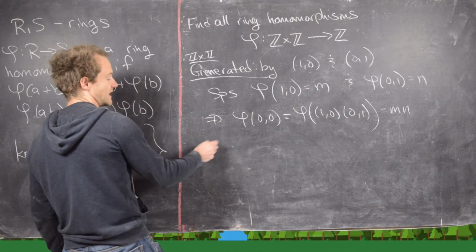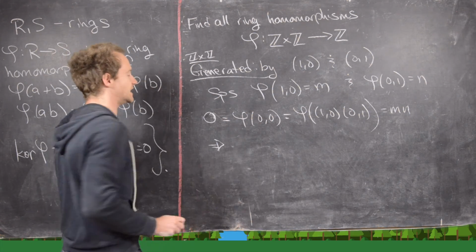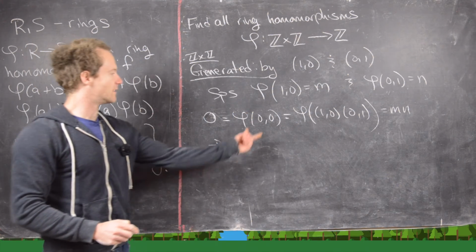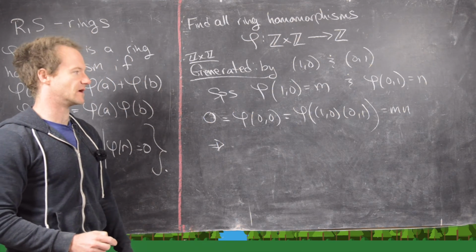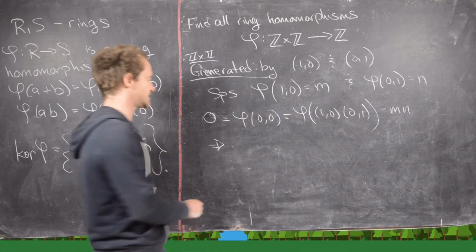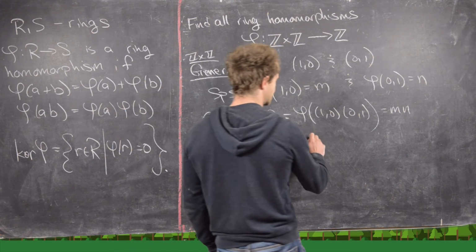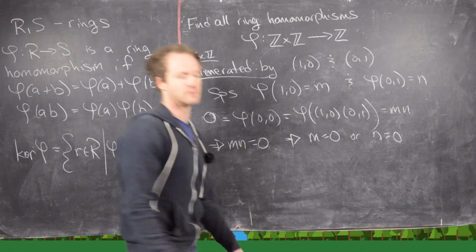Also, phi of (0, 0) has to be equal to 0, given that this is a ring homomorphism. The additive identity in the domain has to go to the additive identity in the codomain. So that tells us that m times n equals 0, which implies that m equals 0 or n equals 0.